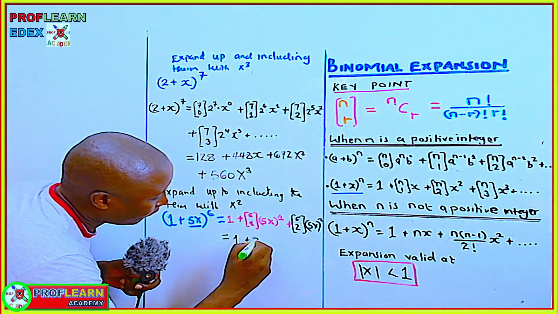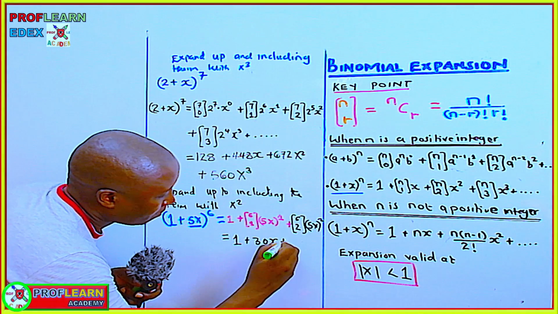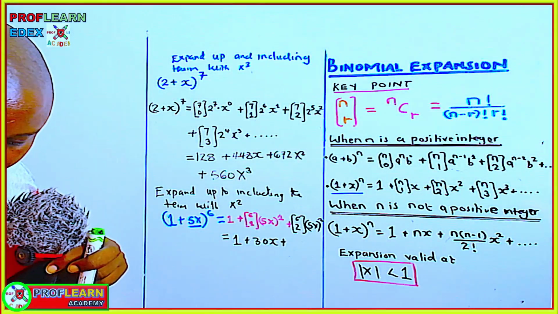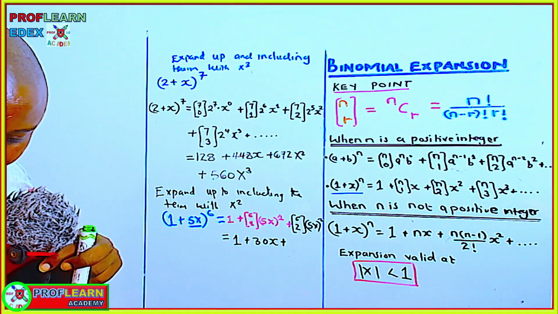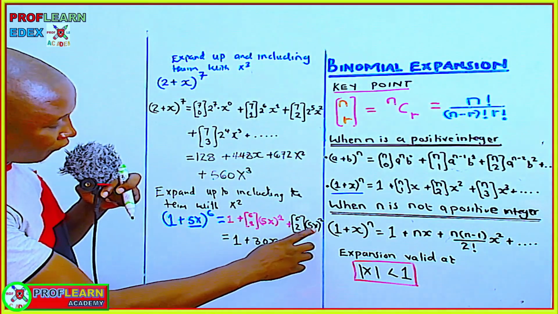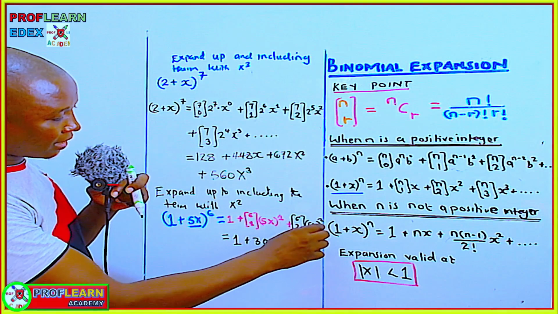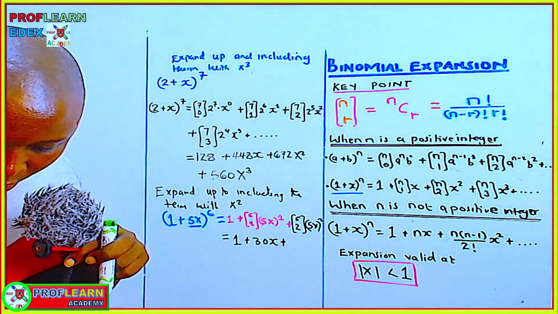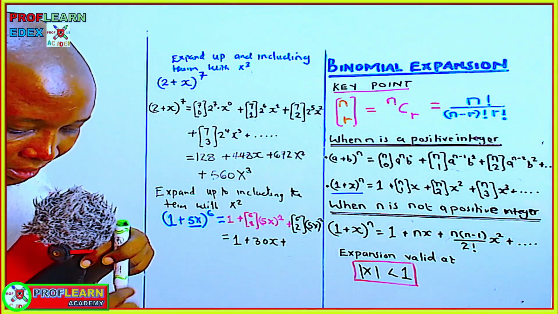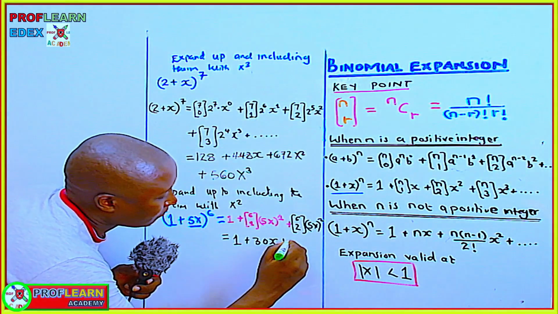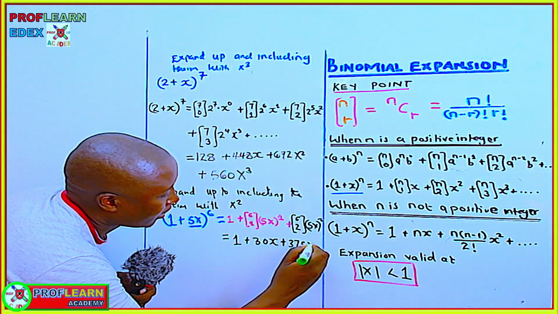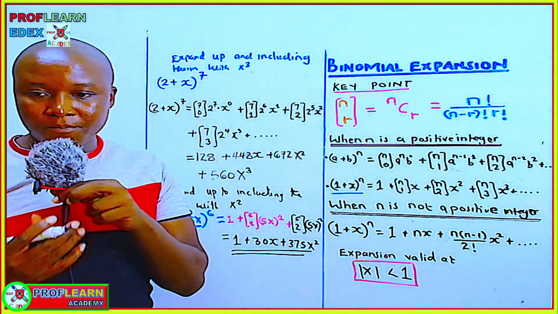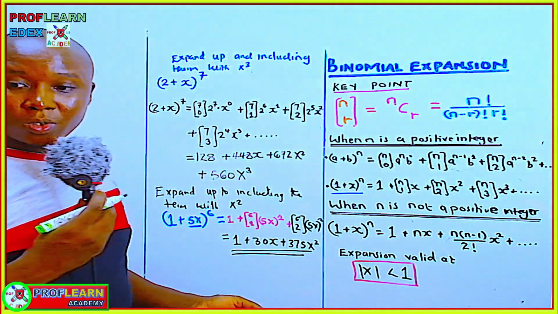So we are going to have 30x plus 6 combination 2. The answer we get times 5 squared, because this bracket is having a power here too, so it will be 25 times 25, and that's going to translate to 375x squared. So we have managed to expand this to the term that was expected.